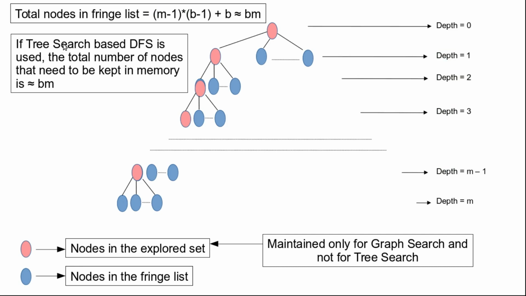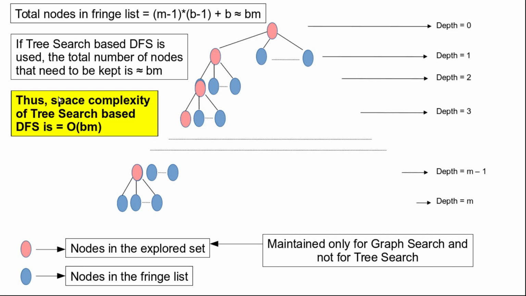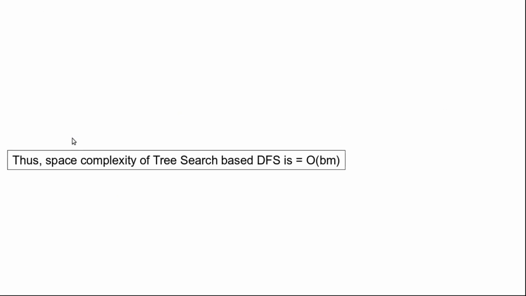Thus, if tree search based DFS is used, the total number of nodes that need to be kept in memory is approximately equal to b into m, and thus the space complexity of tree search based DFS is big O of b into m.